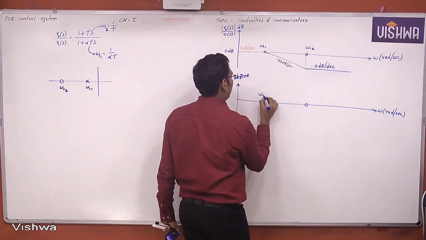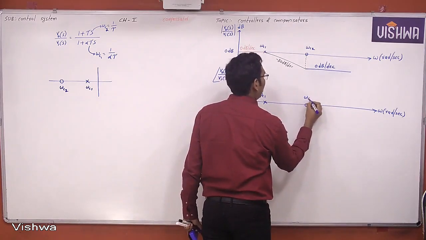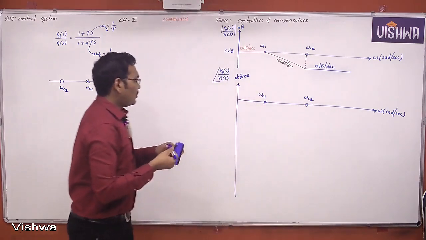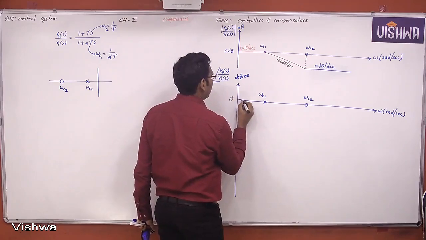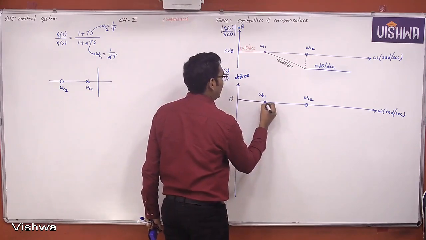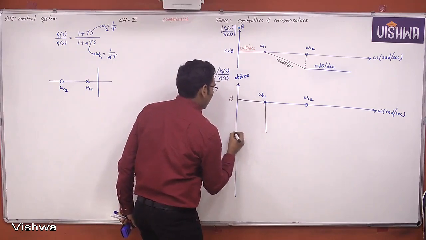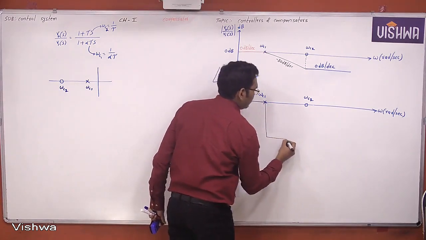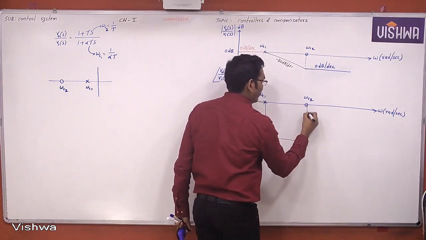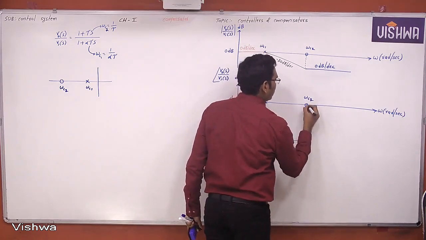This is omega C1, this is omega C2. 0 dB per decade means 0 degrees, minus 20 dB per decade means minus 90 degrees, and 0 dB per decade again means 0 degrees.